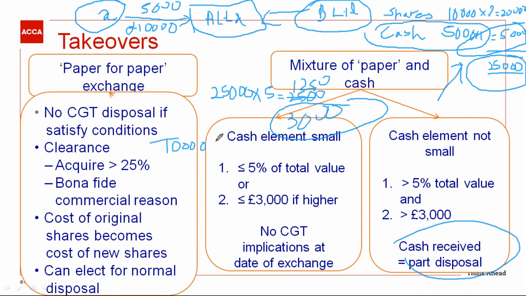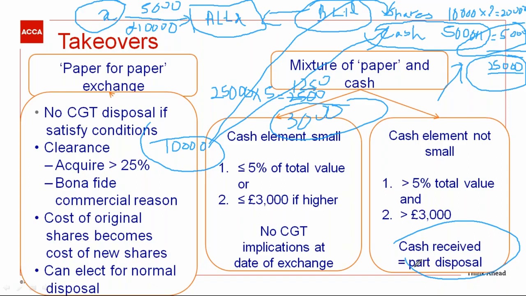Now this 10,000 cost, you have to split between the shares received and the cash amount you received. Your original cost becomes the cost of the shares and the cash that you have received. So you need to split this 10,000 between shares and cash using the normal part disposal computation.